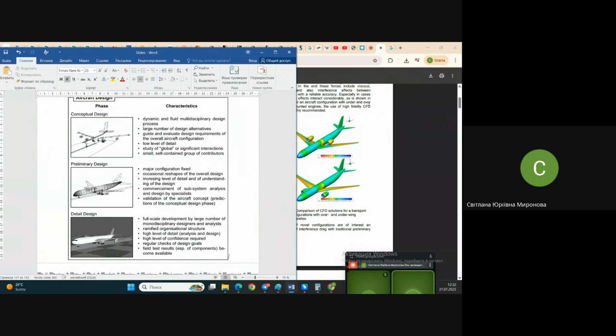And I've already told you there are so-called norms of airworthiness in different countries. They may be different documents, but most of them are subordinated to the demands of ICAO, the International Civil Aviation Organization.